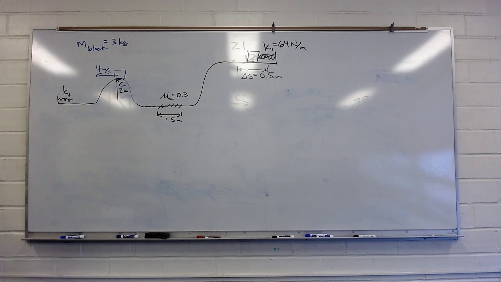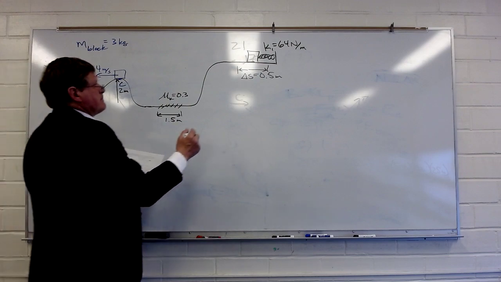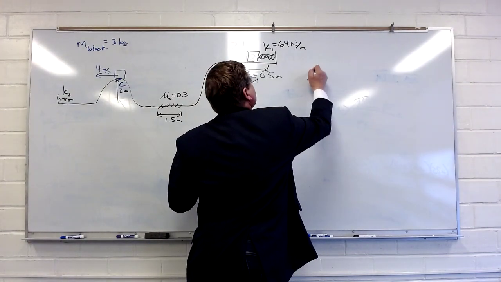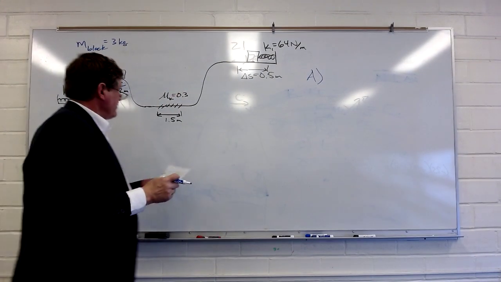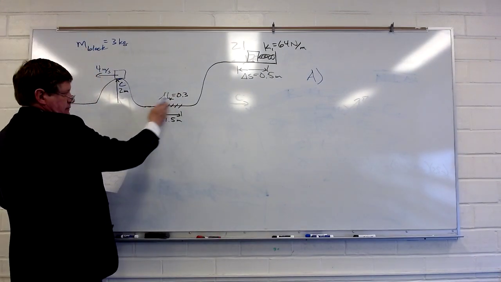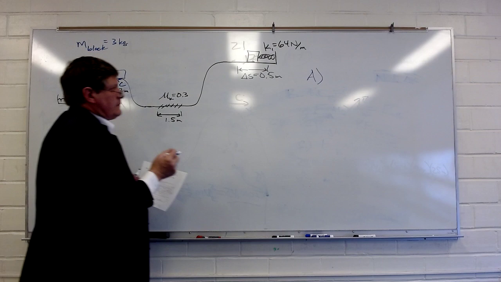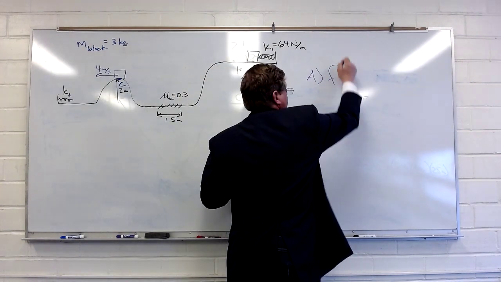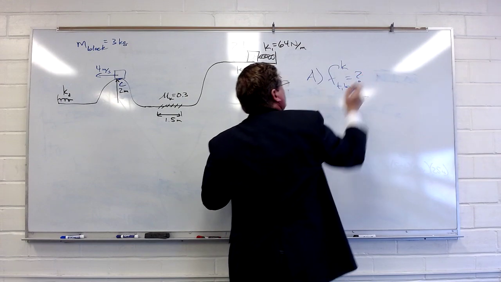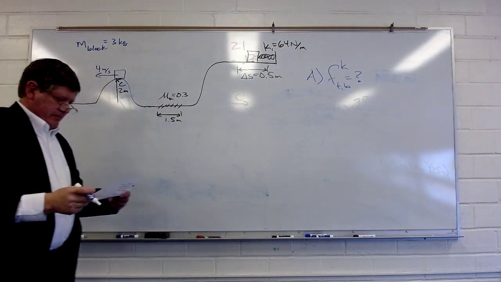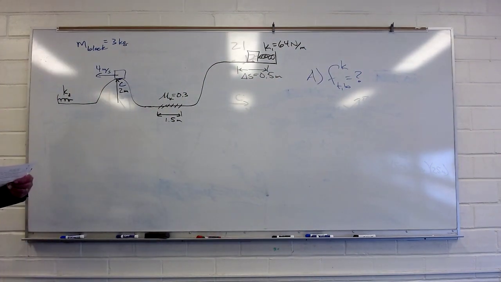Now, the first thing we're asked for part A is, what is the work done by this friction force here? So the kinetic friction force by the track on the block is how big? No, that's not what it's asking at all.